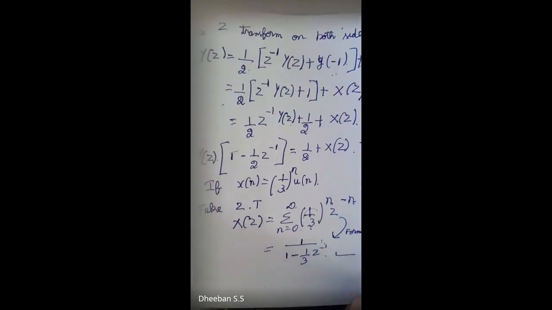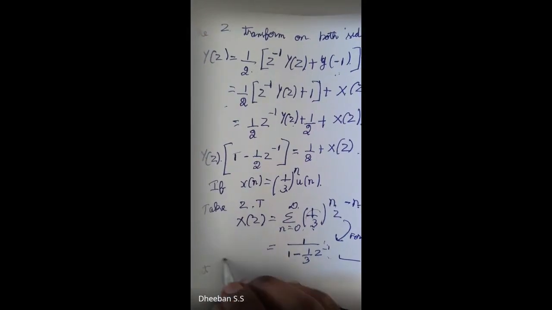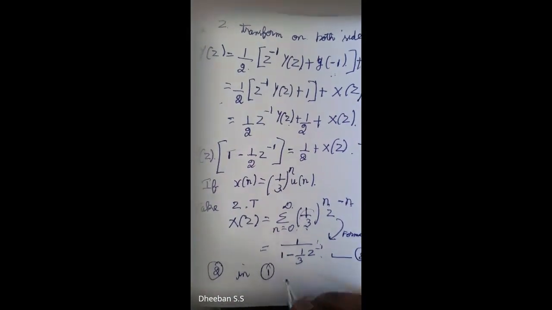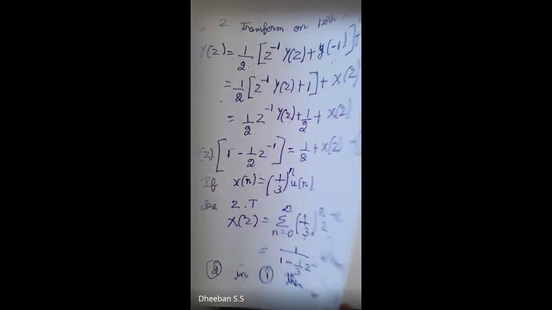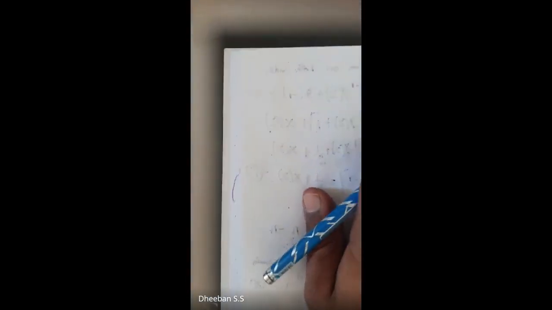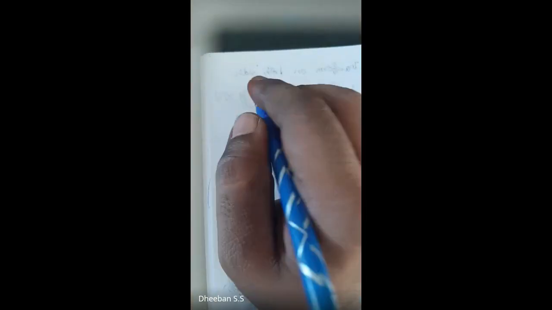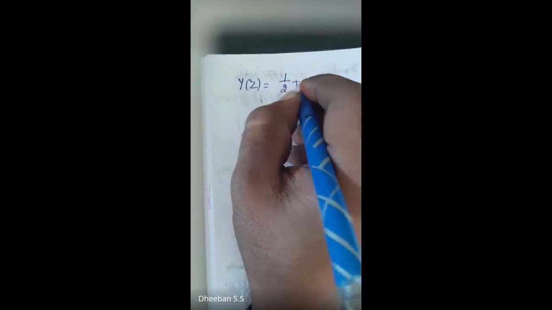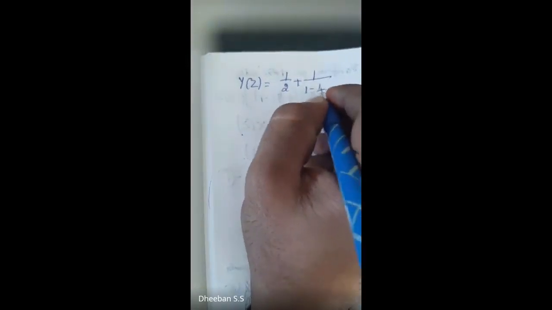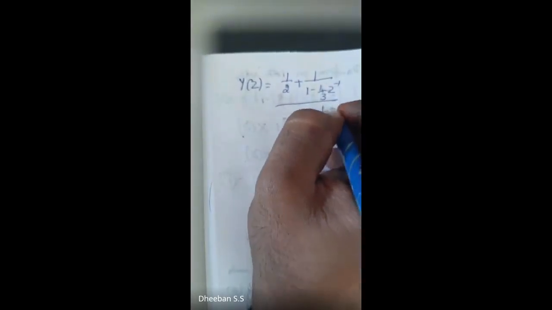That is, put 2 in 1, then we get y of z equal to 1 by 2 plus 1 by 1 minus 1 by 3 z power minus 1 by 1 minus 1 by 2 z power minus 1.